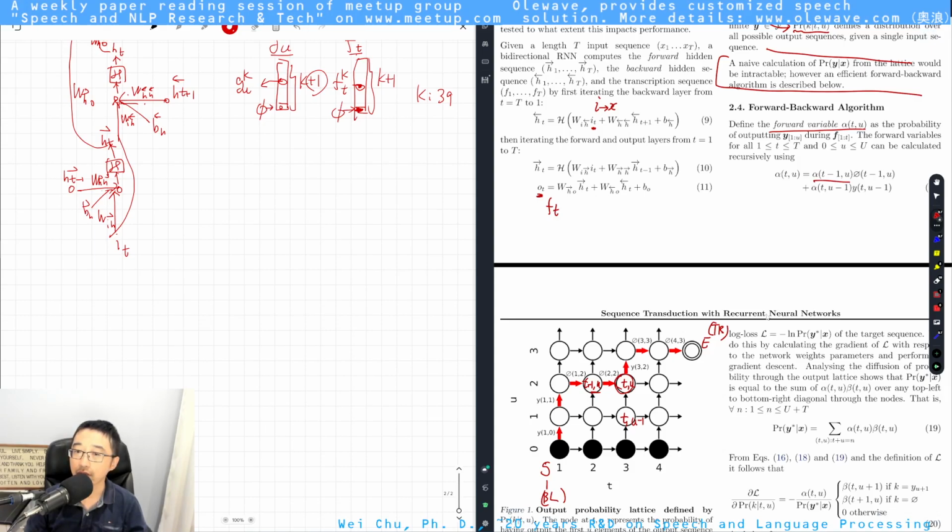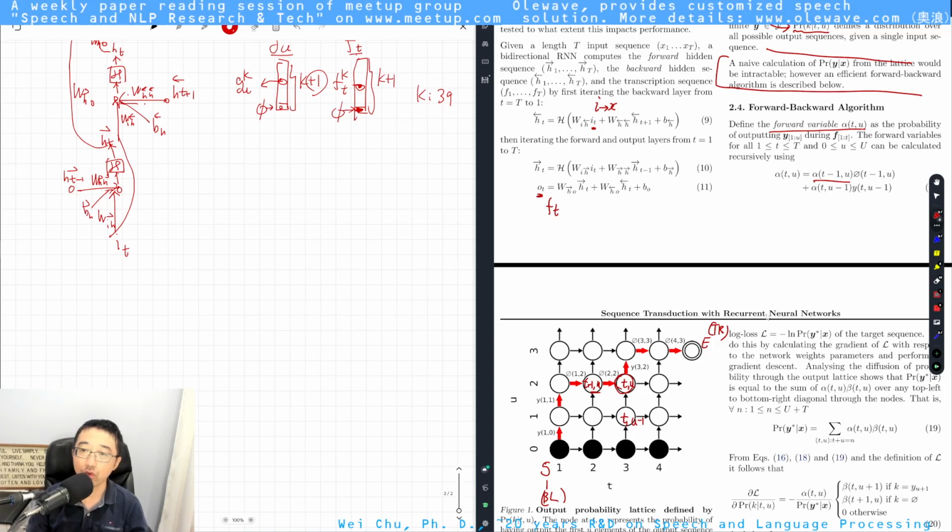times the probability of, let me call that phi or empty, I would call it null, t minus 1 u. This means that there's no new output coming out.